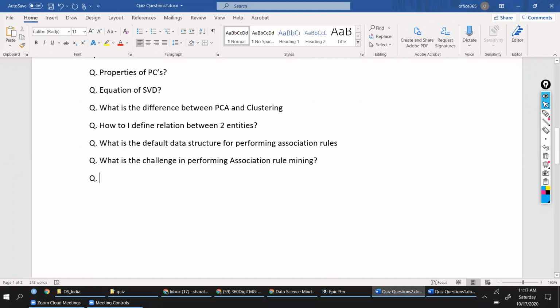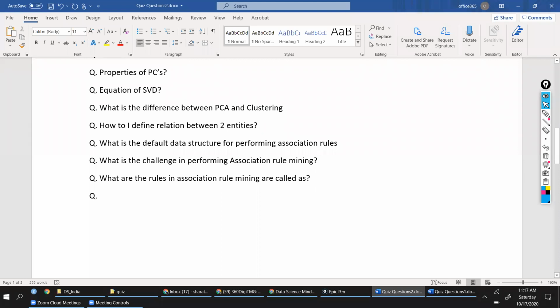What are the rules in association rule mining called? Very good, Rakesh.